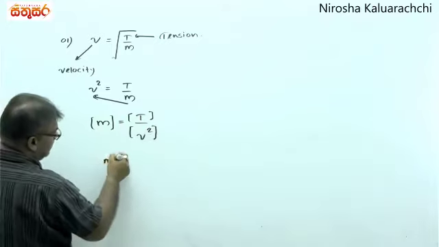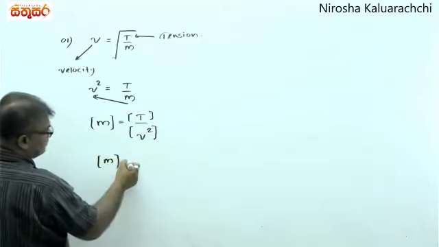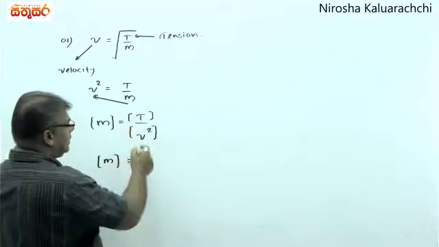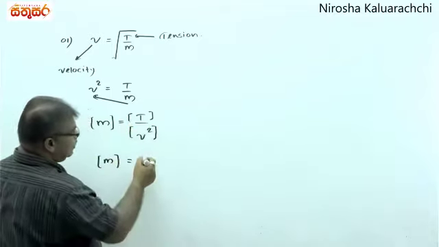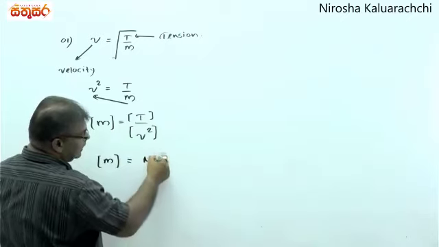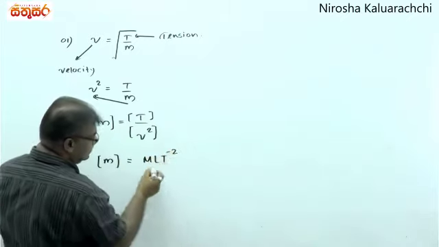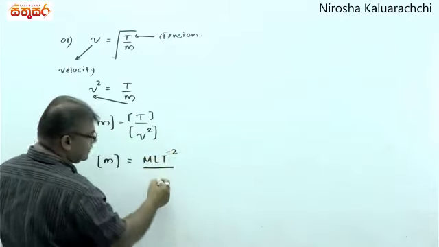Then the dimension of T, force, is M L T minus 2. Velocity is L T minus 1, to the power of 2. Simplify this one. How?